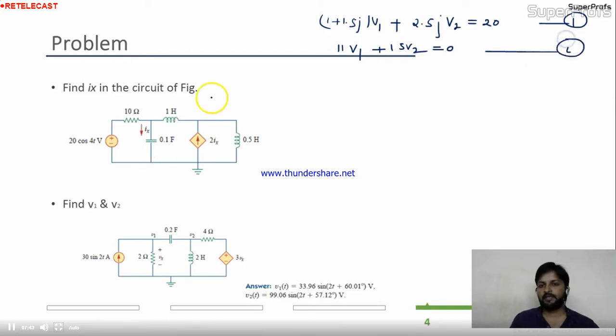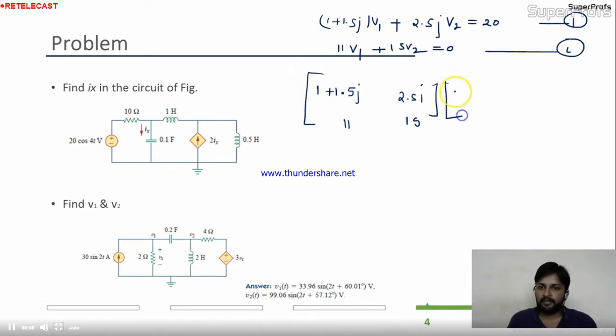How to solve it? By matrix method, I'll tell you. If you convert this into the form of a matrix, it will look like 1 plus 1.5j, 2.5j, 11, 15, times V1 and V2, equals 20 and 0.